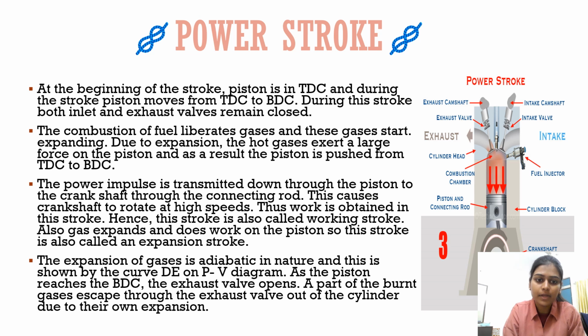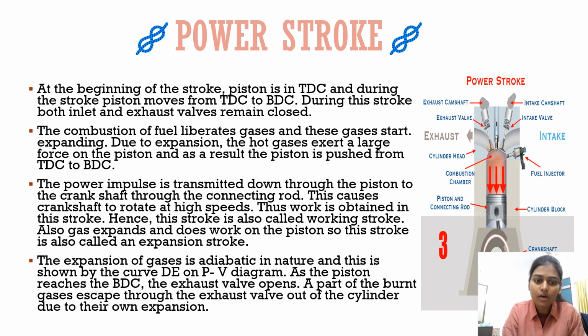The power impulse is transmitted down through the piston to the crankshaft through the connecting rod. This causes the crankshaft to rotate at high speeds, thus work is obtained in this stroke. Hence this stroke is also called the working stroke. Also, the gas expands and does work on the piston, so this stroke is called an expansion stroke.